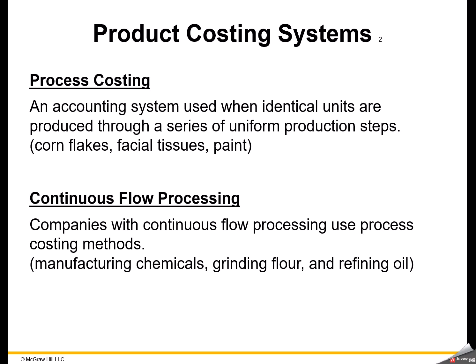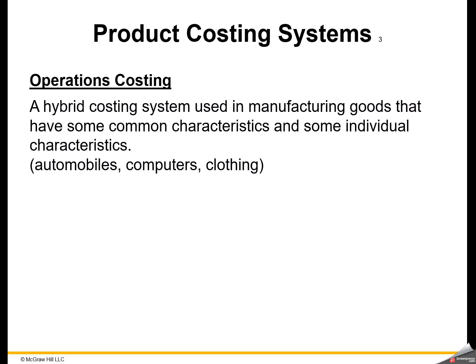In those cases, we're going to use process costing. And then operations costing is a hybrid where we combine some of the characteristics of process costing and job order costing. Those could be for things such as automobiles or computers.